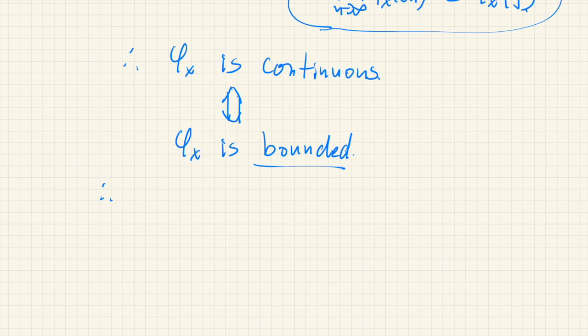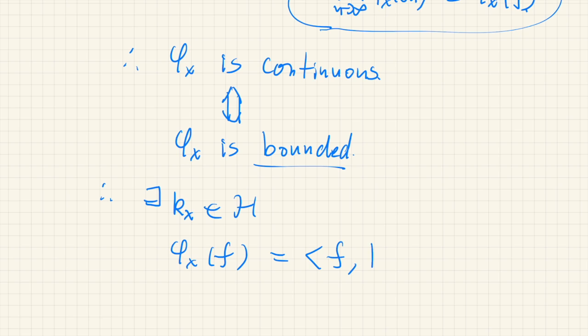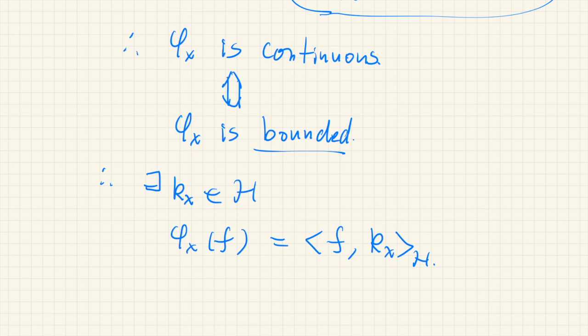So we can apply the Riesz Representation Theorem. Therefore, there exists some function kx in H such that phi_x(f) is equal to the inner product between f and kx in H. So we are done.